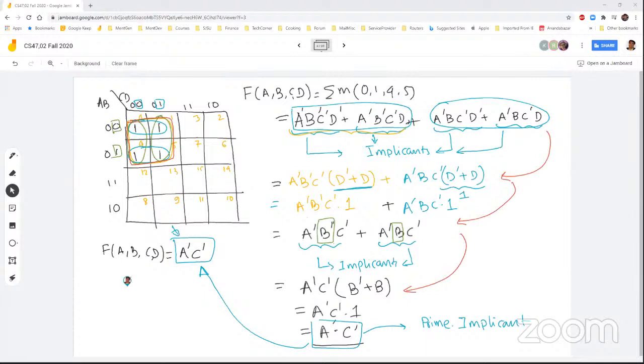Let's say we throw in another term. Here I cannot simply group this whole thing, because that doesn't make sense in terms of the process we described. It's practically combining two of them together.